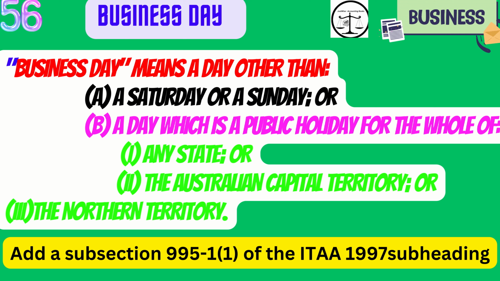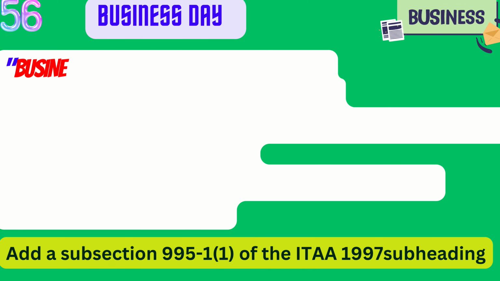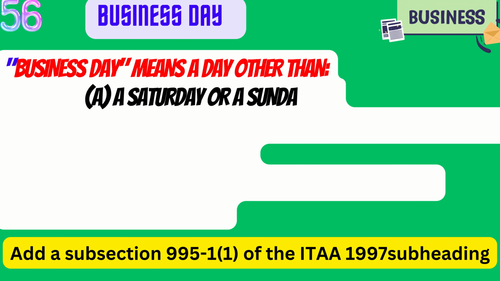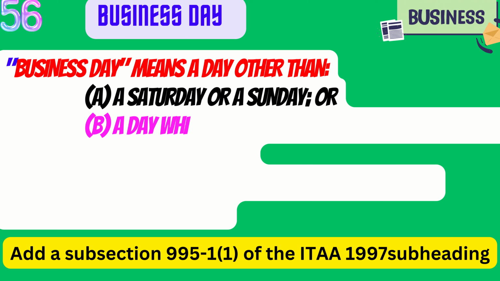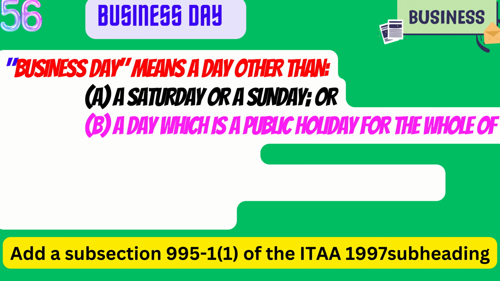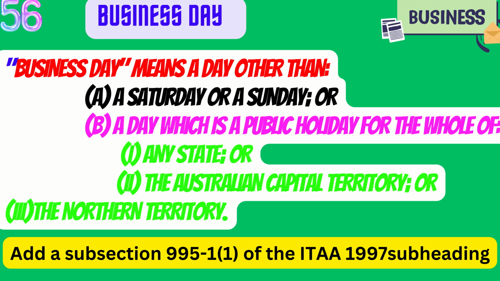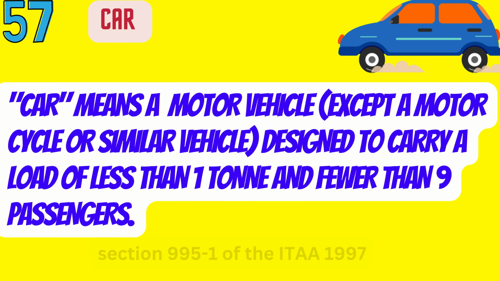Word number 56. Business day has the meaning given by subsection 995-1 of the EDA 1997, which states that business day means a day other than a Saturday or a Sunday, or b. a day which is a public holiday for the whole of any state, or 2. the Australian Capital Territory, or 3. the Northern Territory. 57.